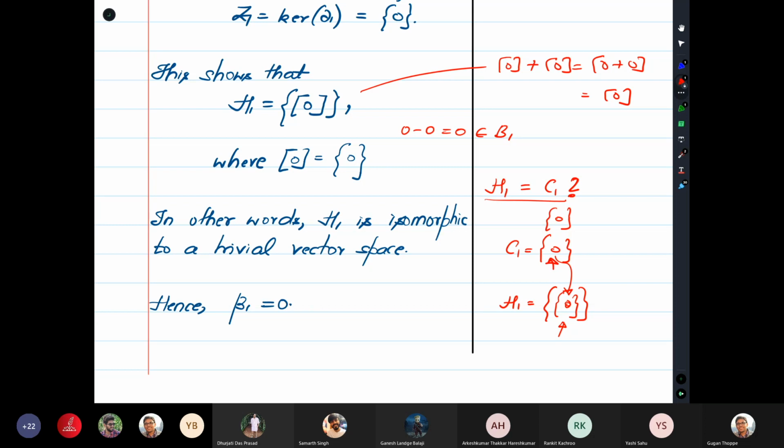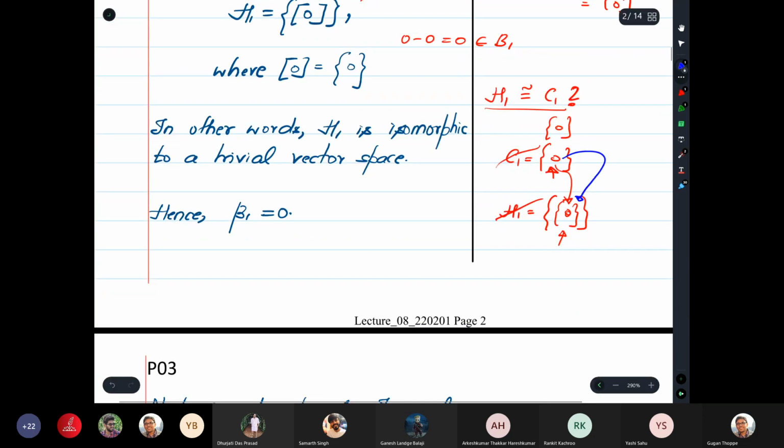That is very important to distinguish. The second thing to note is that while these two sets are not one and the same, they are isomorphic, because if I map this 0 element to this set, the behavior can be viewed in one and the same fashion. So while H1 and C1 are not the same, H1 is isomorphic to C1.